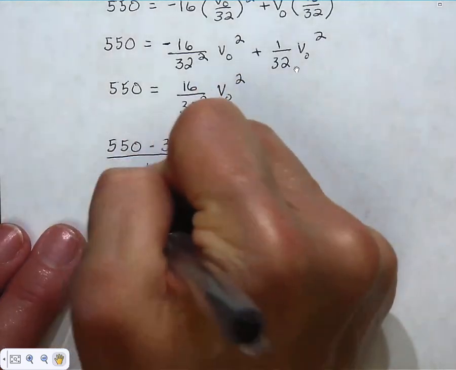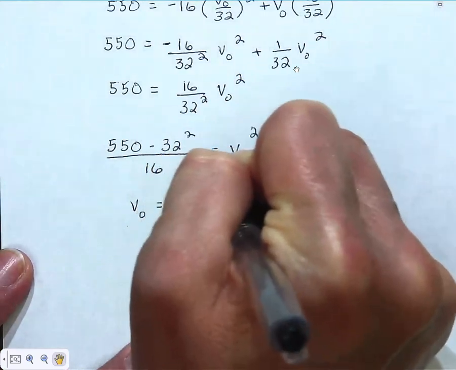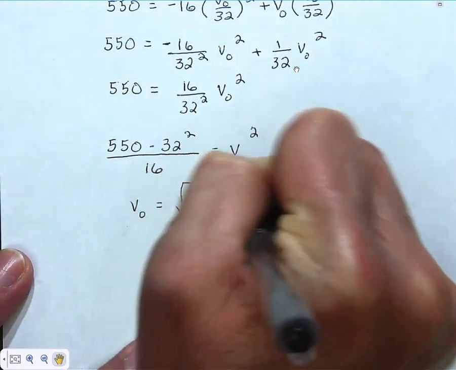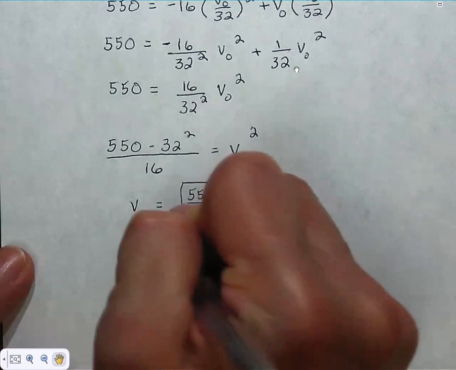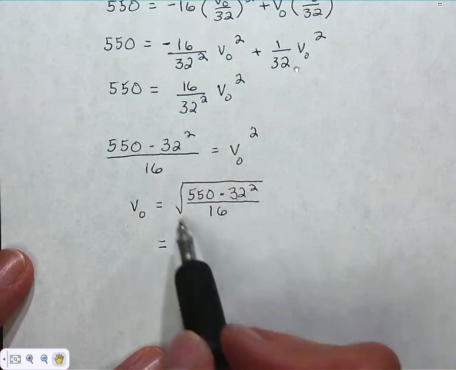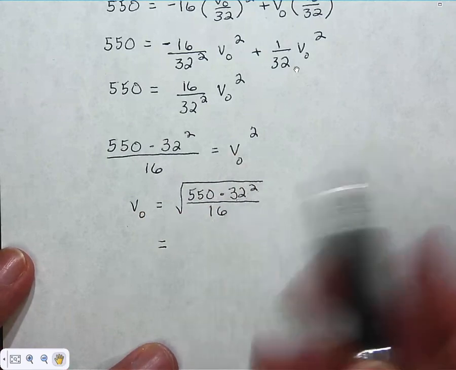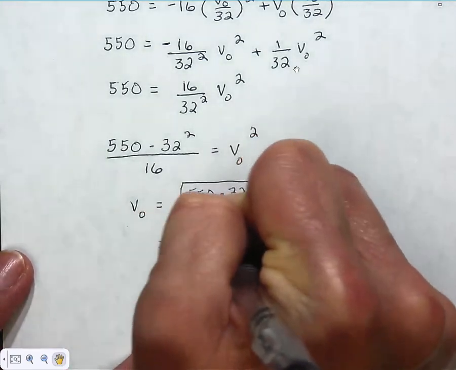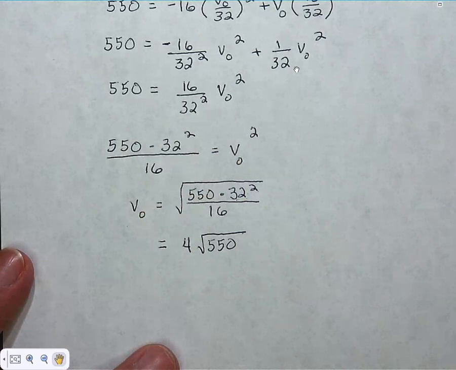And so the initial velocity would be the square root of that. I could say the square root of 32 squared is just 32. The square root of 16 is just 4. I need to double check that. 32 over 4 is not 4. 32 over 4 is 8.